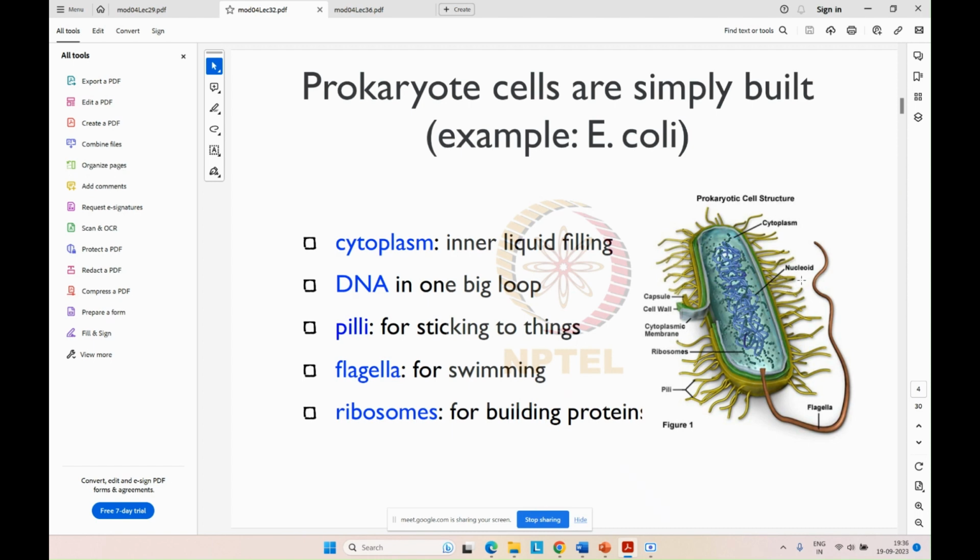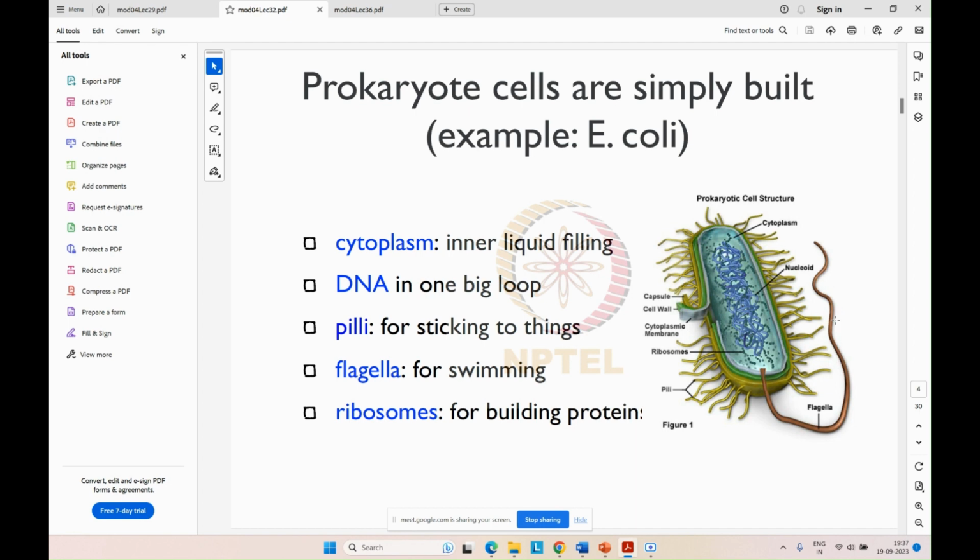Some of the pili are also involved in gene transfer. If you remember last week, we had talked about horizontal gene transfer. So there are certain pili on the bacteria in certain species which are known as sex pili, through which you can transfer genetic material from one bacteria to another bacteria.